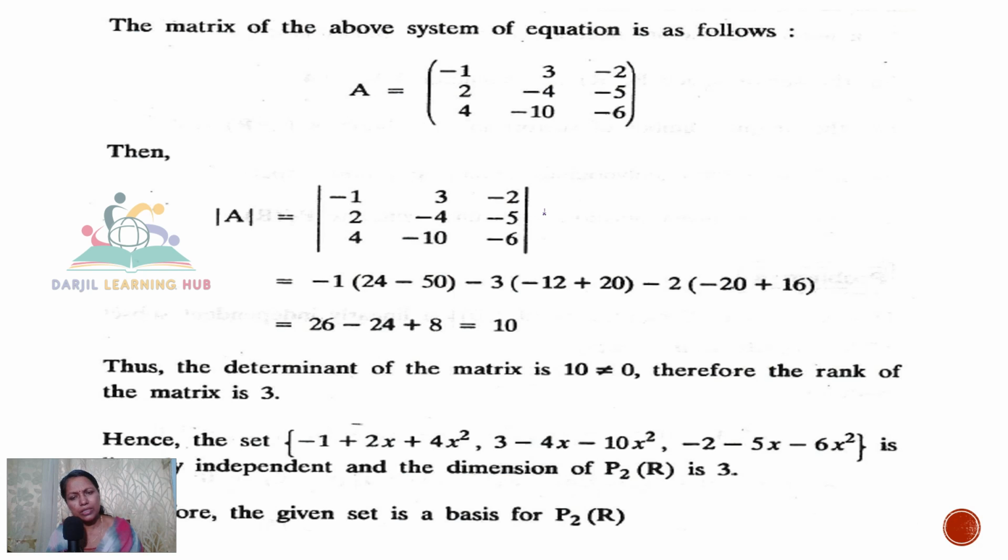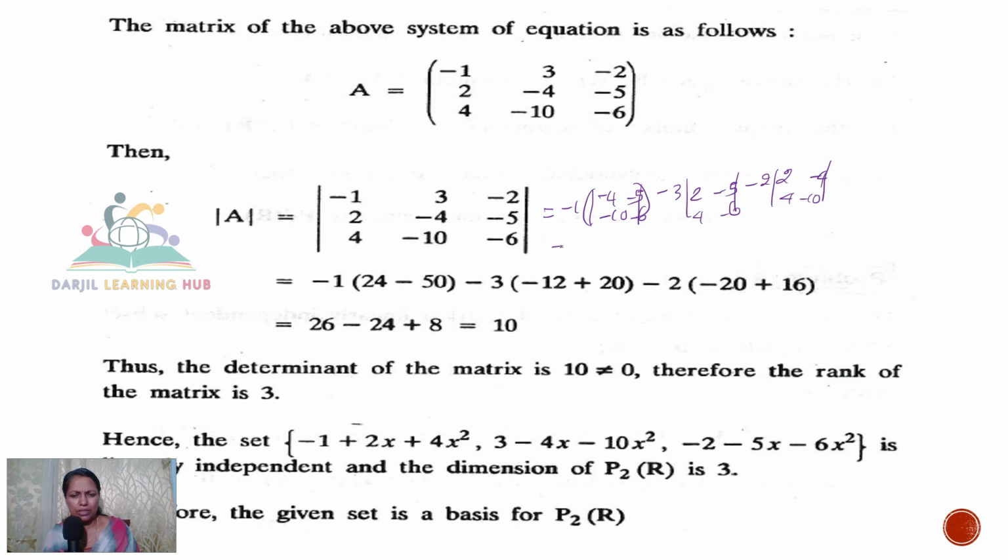So this is minus 1 into the 2 by 2 matrix, minus 4, minus 5, minus 10, minus 6, minus 3 into the 2 by 2 determinant, leaving that corresponding row and column, 2, minus 5, 4, minus 6, then minus 2 into the corresponding rows and columns struck out, the remaining 2, minus 4, 4, minus 10.